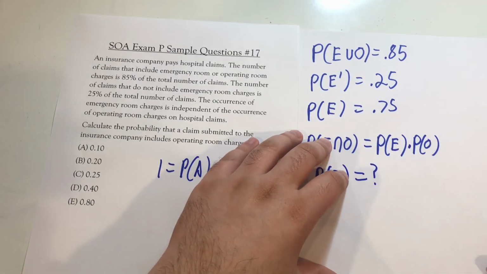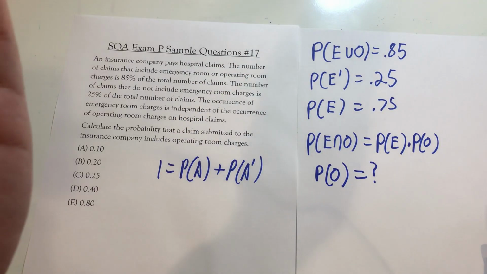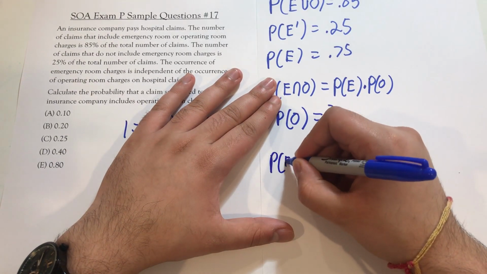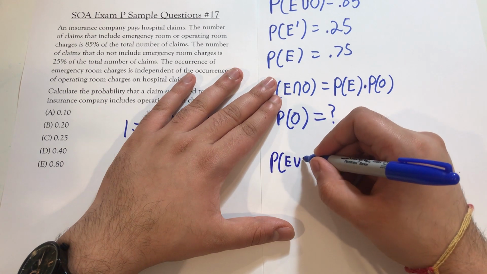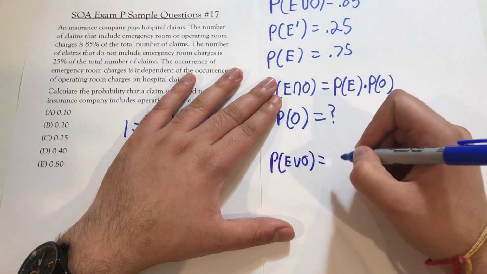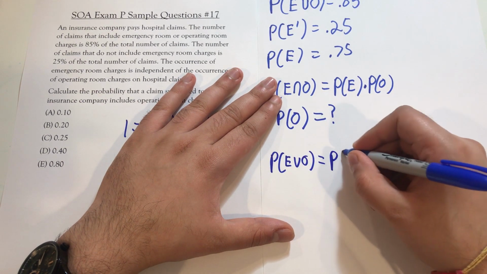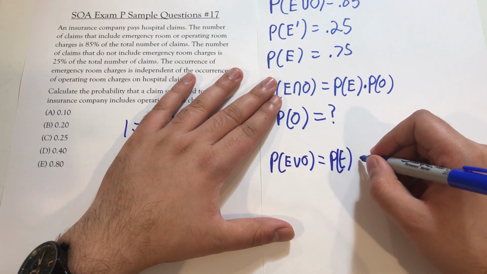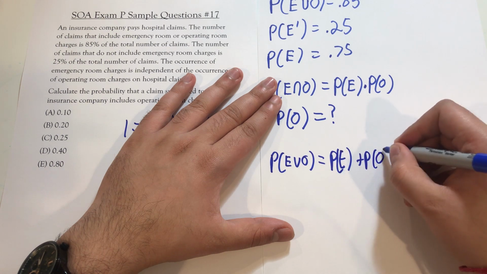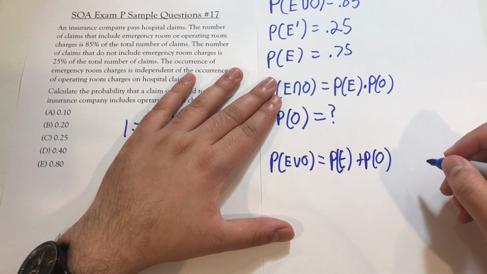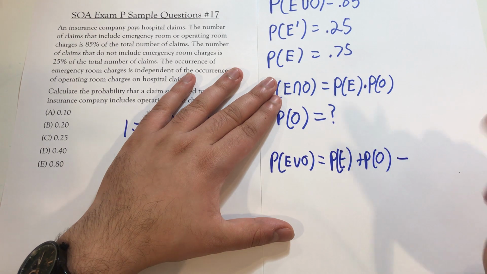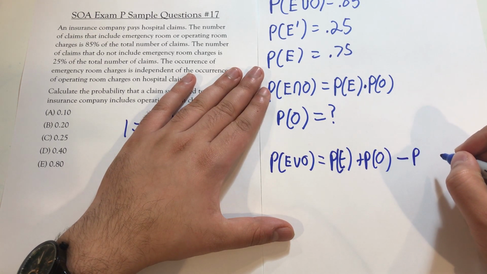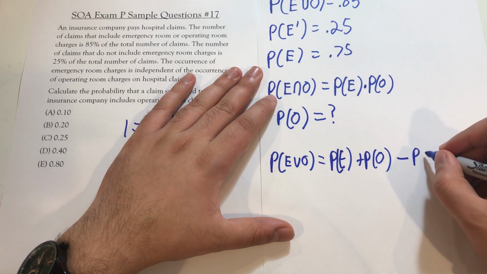I see a union here, and that immediately wants me to write down that formula, where the probability of the union of two events, E union O, is equal to the probability of E plus the probability of O, subtracted by the probability of E intersection O.